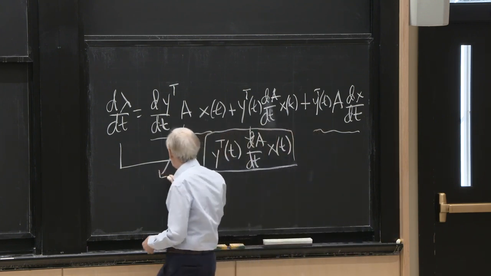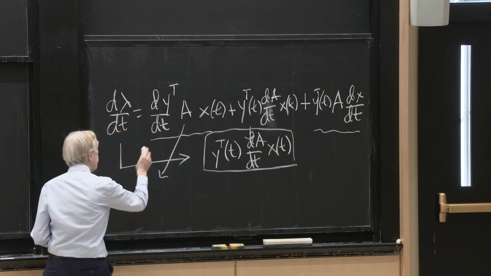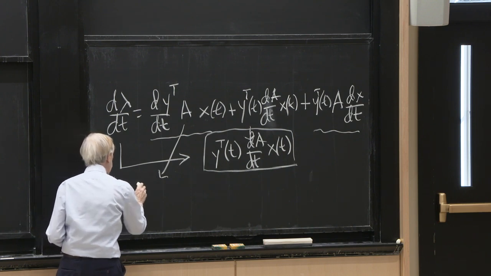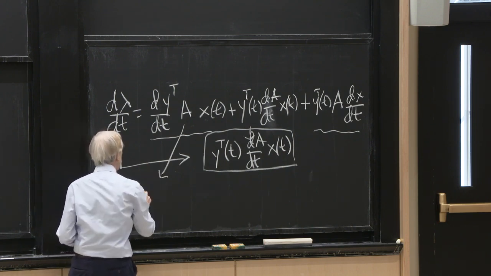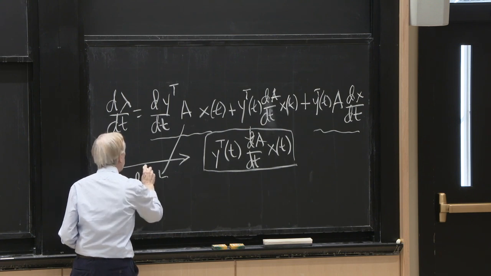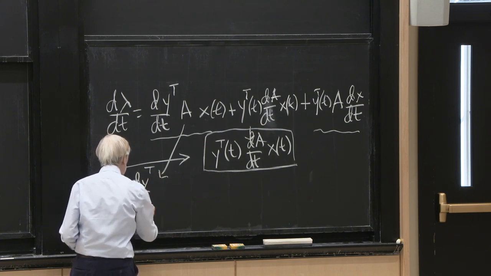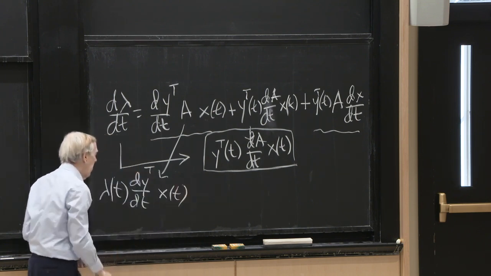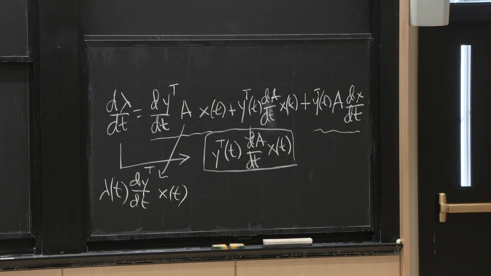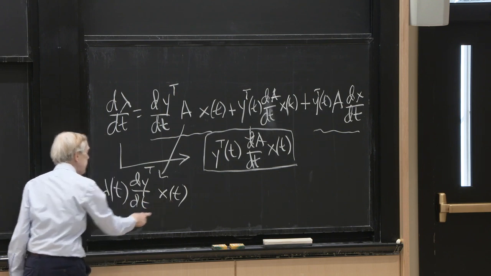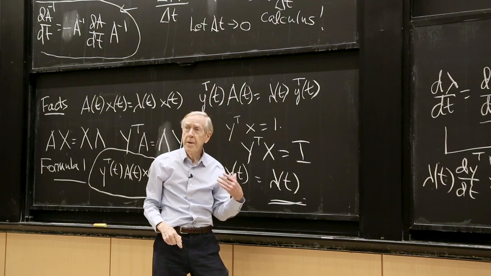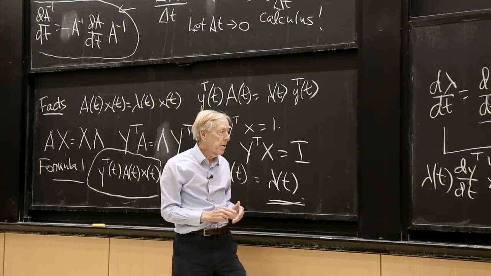So this guy is nothing but lambda, that depends on time, of course, times dy transpose dt, I'm just copying that. AX is lambda x. Sorry, I didn't mean to make that look hard. You okay with that? AX is lambda x, and I am perfectly safe because lambda is just a number, so I bring it out to the left so it doesn't look like it's in the way.